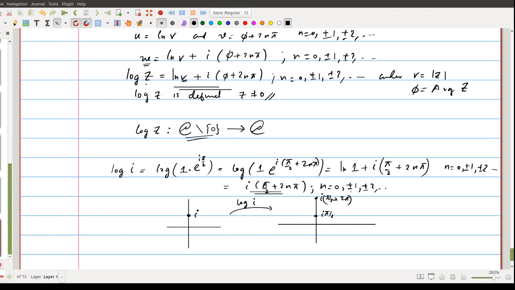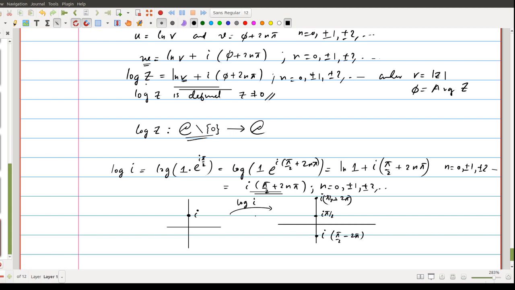And if you put n is equal to minus 1, that will be i times (pi by 2 minus 2 pi), somewhere here. So if you choose a single complex number z, log z is not a single value function. Log z will have infinitely many values, and all the values lie on the imaginary axis.